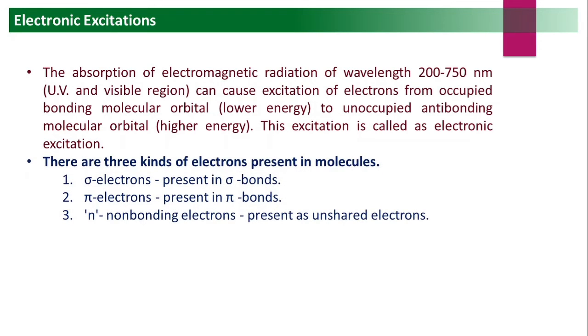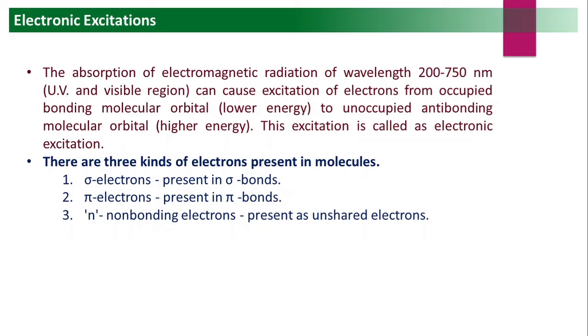There are three kinds of electrons present in the molecule. As we know, in organic molecules there are sigma electrons, which are present in sigma bonds; pi electrons, which are present in pi bonds; and n, that is non-bonding electrons, present as unshared electrons, as a lone pair.